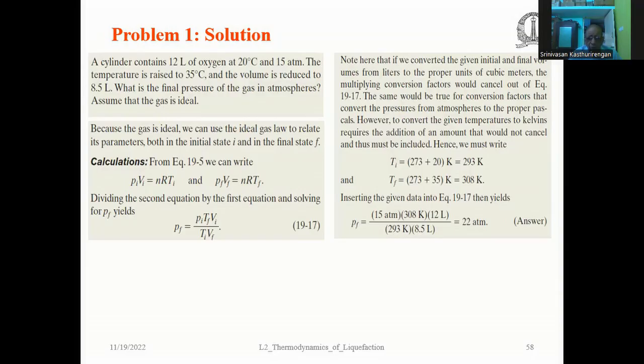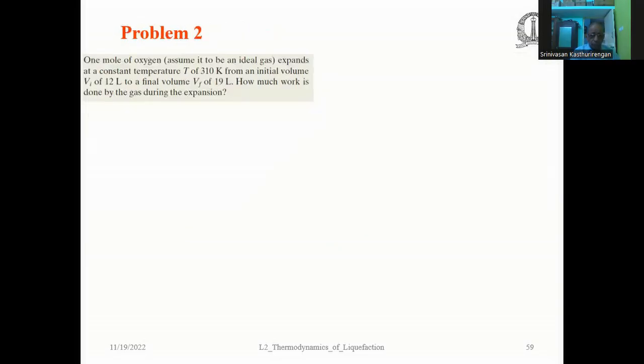If you substitute the temperatures, converted from centigrade to Kelvin, all the data can be introduced here. So PF would be equal to 15 atmospheres into 308 into 12 liters divided by 293 into 8.5. That is approximately 22.22 atmospheres, which will be the final pressure.